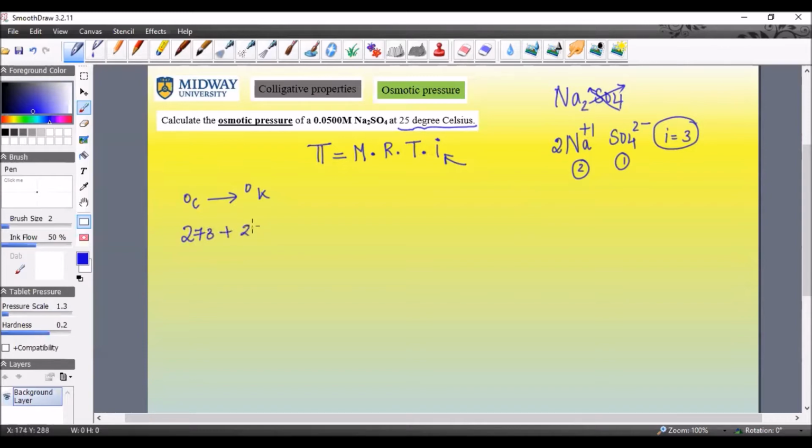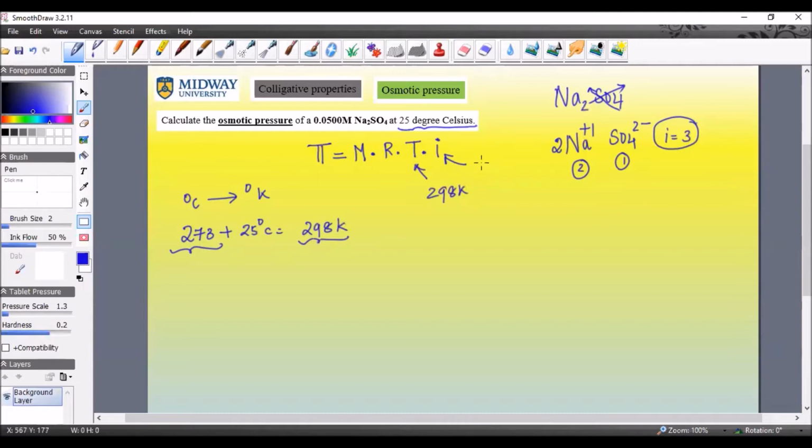This is a constant, so 25 degrees C is 298 Kelvin. 273 is absolute temperature. So you add that to 25 and you get 298 Kelvin. So we now know T is 298 Kelvin.